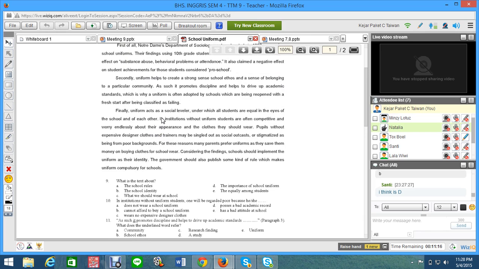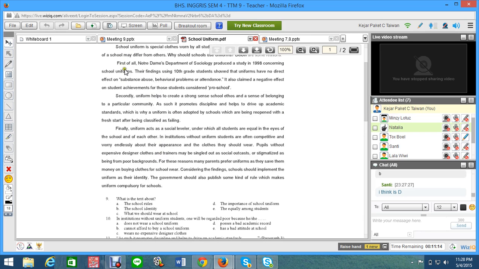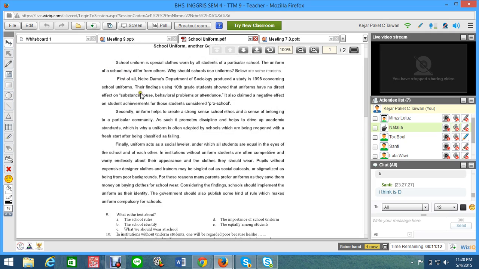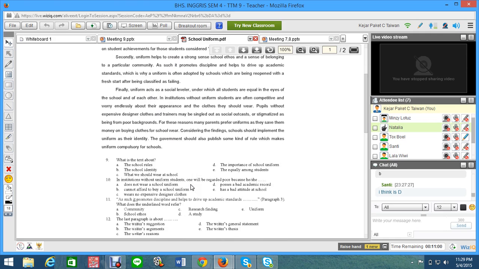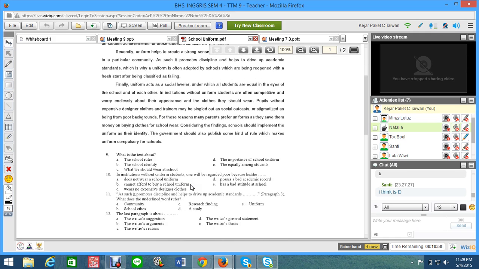Okay, so here this belongs to the, so this is and this one. First and second arguments, and the third is reiteration atau conclusion. So reiteration or conclusion is talking about the writer's general statement atau opinion. So restate the writer's opinion.